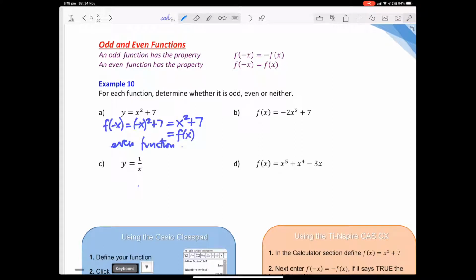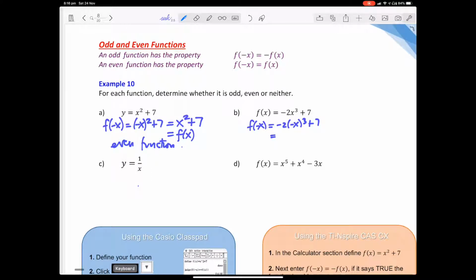And if we reflect it in the y-axis, x squared plus 7, it's exactly the same graph. This function here, f of x, if I sub a negative x into it, I get negative 2 negative x cubed plus 7.